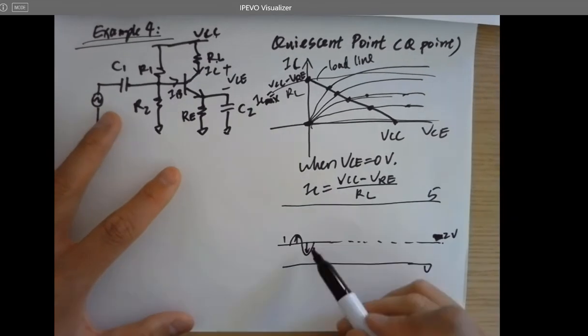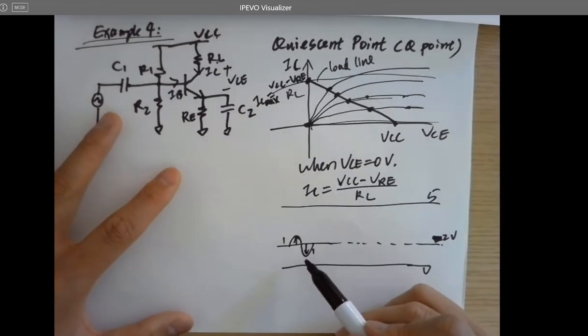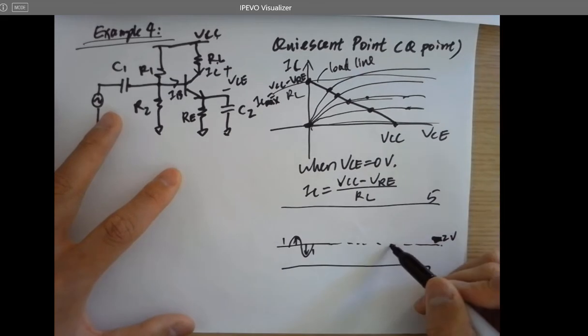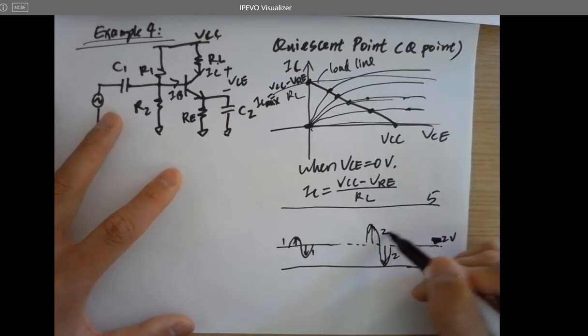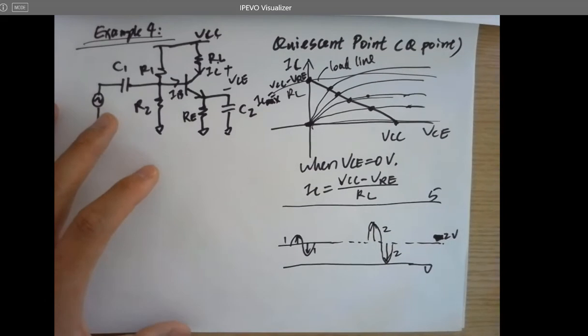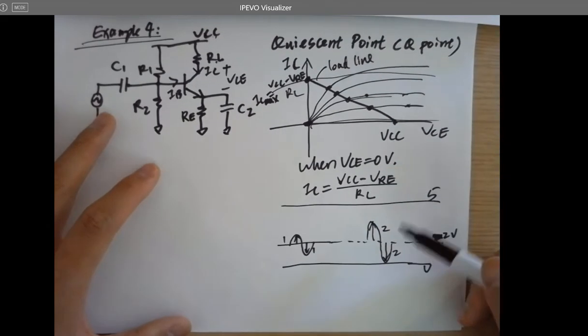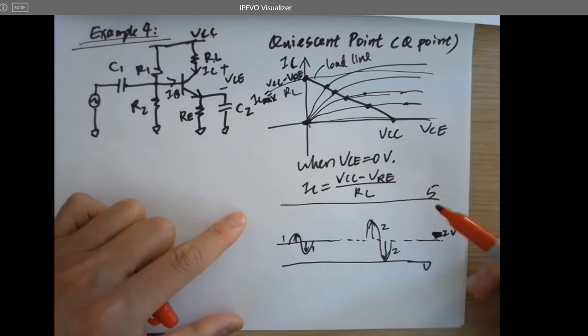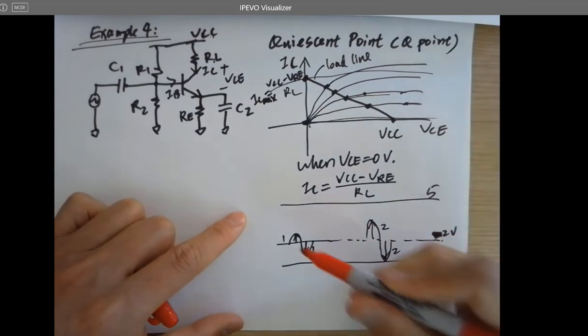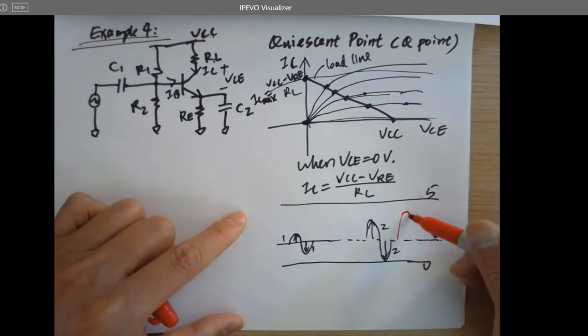If you amplify this signal by twice, you're getting this 2 volts, this 2 volts. But you cannot amplify this even further because it's going to be distorted. It's going to be clipped. If you amplify this by 3 times, for example, you're getting 3 volts here.